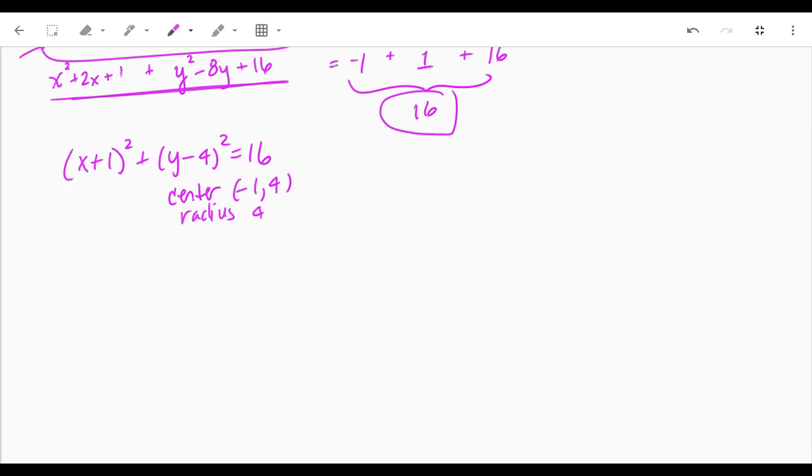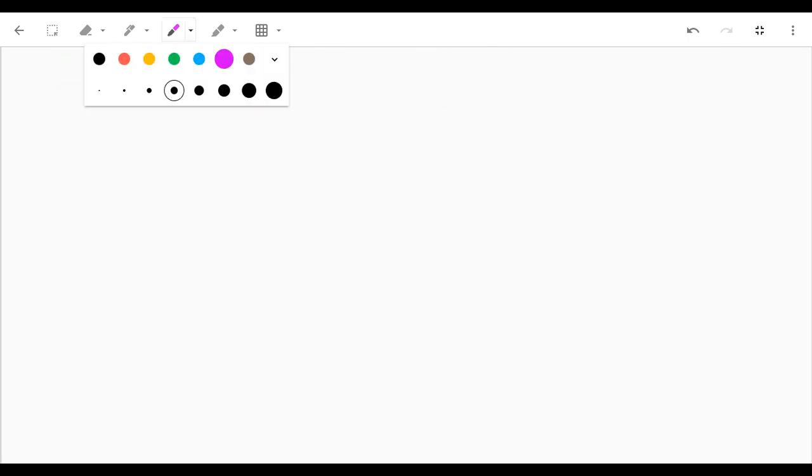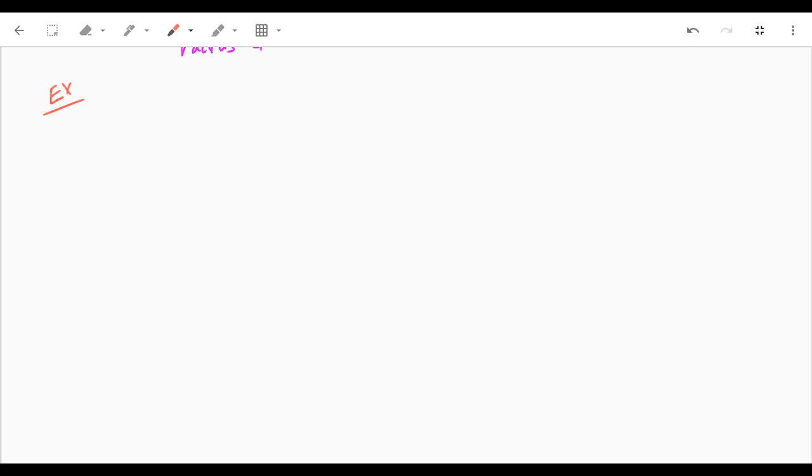Let's get another one here. Next example, you have x² + y² + 2x − 8y + 13 = 0. So again, we're going to get our x's together, our y's together, and get that 13 to the other side.